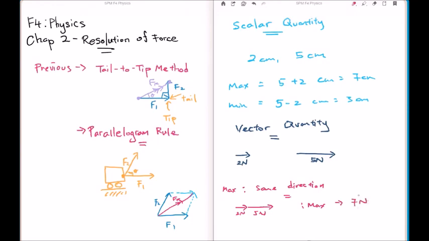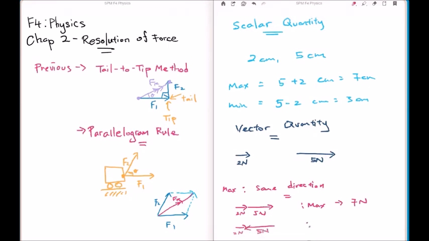For minimum, well, you might say minimum would be the smallest possible. Maybe 2 Newton minus 5 Newton, right? So one's to the right, 2 Newton, and then maybe 5 Newton to the left.